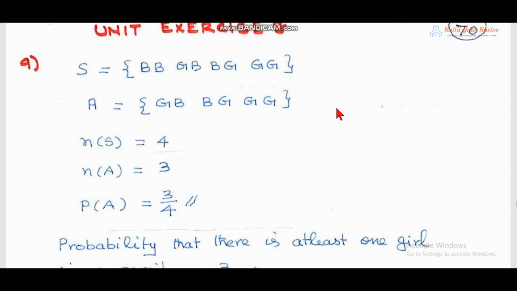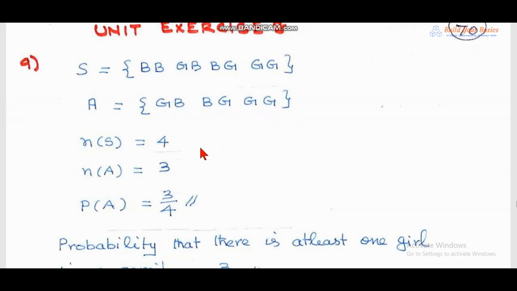Now we want to get the probability of there being at least one girl in the family. If we call the event A, then the event A may be described as GB, one girl, BG, one girl, GG, 2 girls. At least one girl, that is one girl or 2 girls.